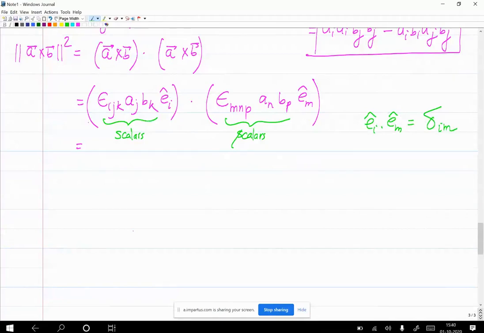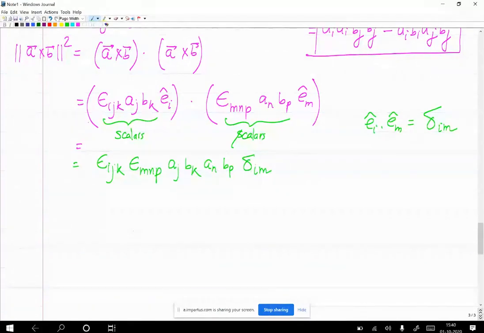So finally, this becomes epsilon ijk, epsilon m n p, aj bk, an bp, into Kronecker delta im. Is that okay?